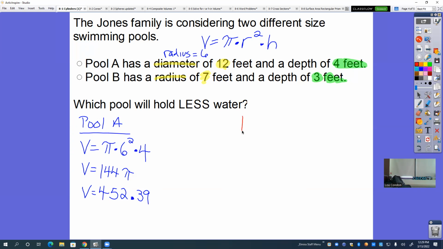For pool B, we have V equals pi times, now this says the radius, which is 7, squared times the height of the pool, which is 3.